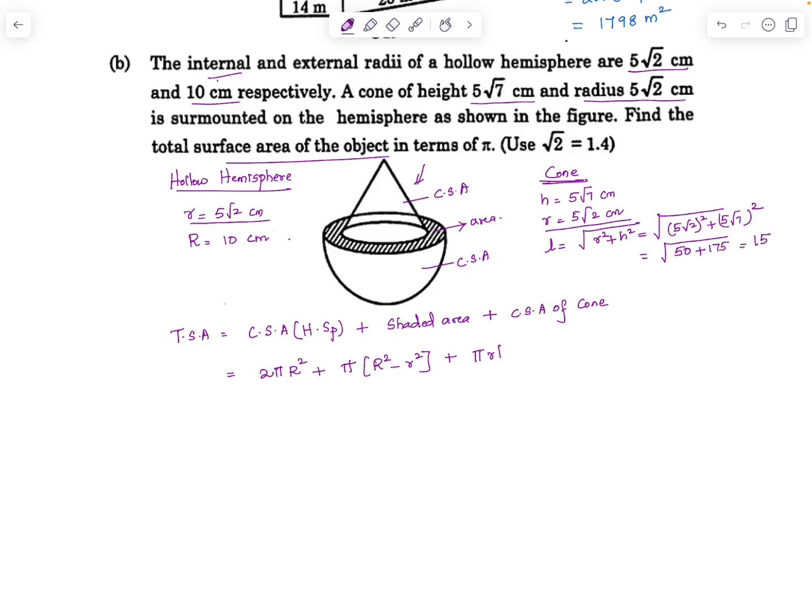which gives 15 centimeter. We have to give the answer in terms of pi, so let's not substitute any value for pi. Let's keep it as such.